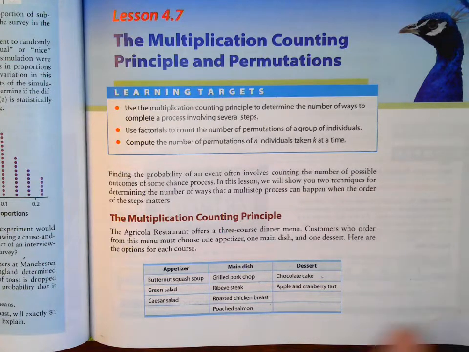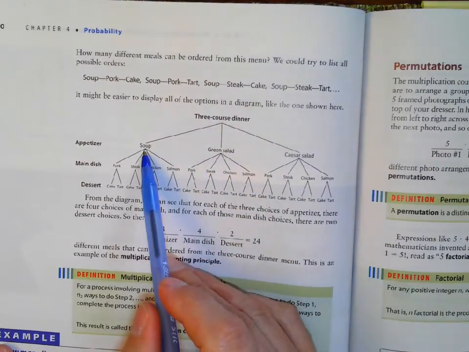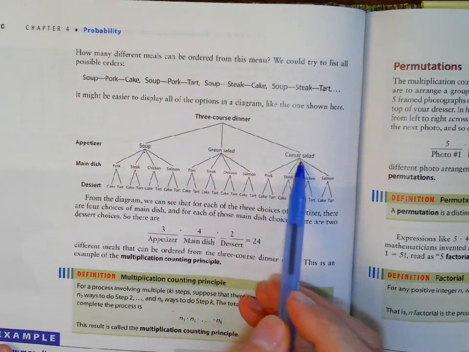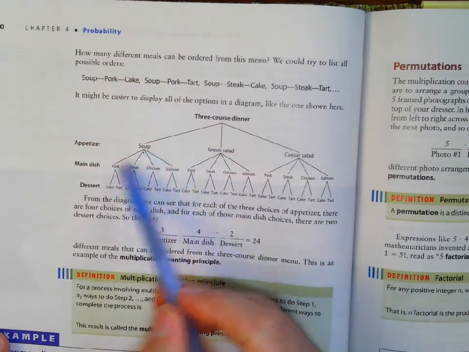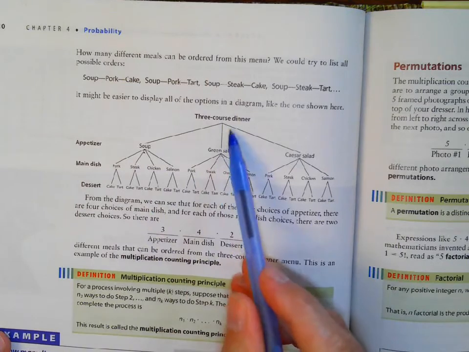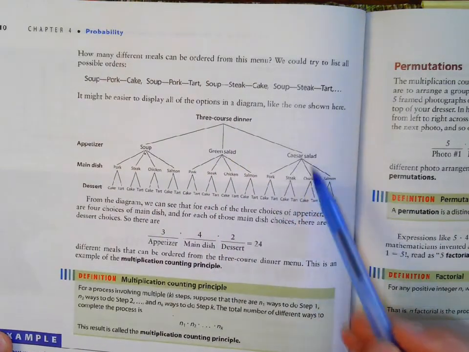Okay, so we're going to think about it this way. If you write this out, we could have an appetizer of a soup, a salad, or a Caesar salad. Now, if I had the soup, I could have pork, steak, chicken, or salmon. I could have salad with pork, steak, chicken, or salmon, or this salad with pork, steak, chicken, or salmon.